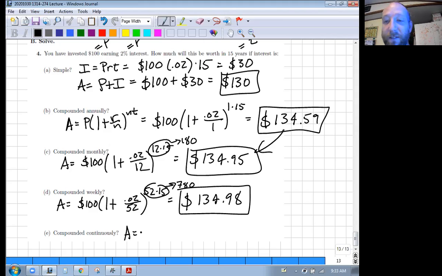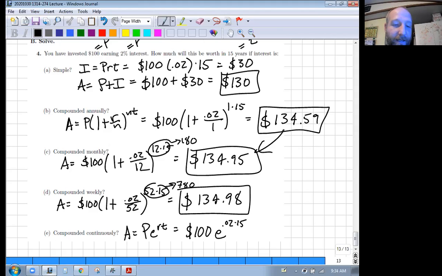If we collect as much interest as we possibly can by compounding continuously, P e to the rt, we have $100 e to the 0.02 times 15. That's 0.3.